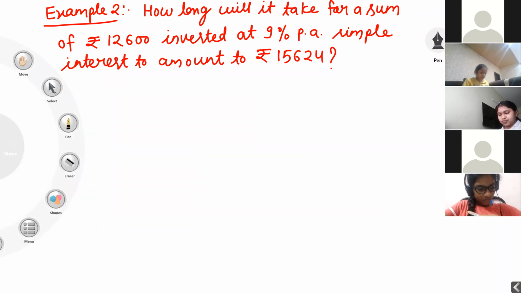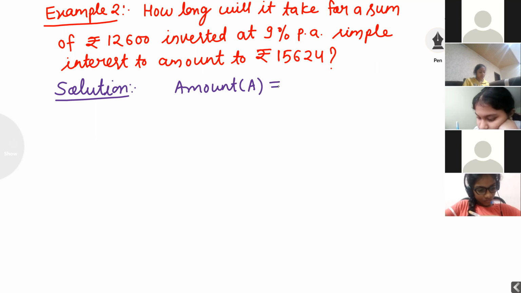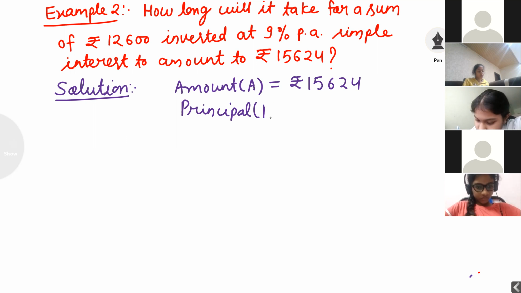Solution. Everyone start solving along with me. Note down. A is equal to amount, A is equal to 15,624 rupees. Next, principal P is equal to 12,600 rupees.